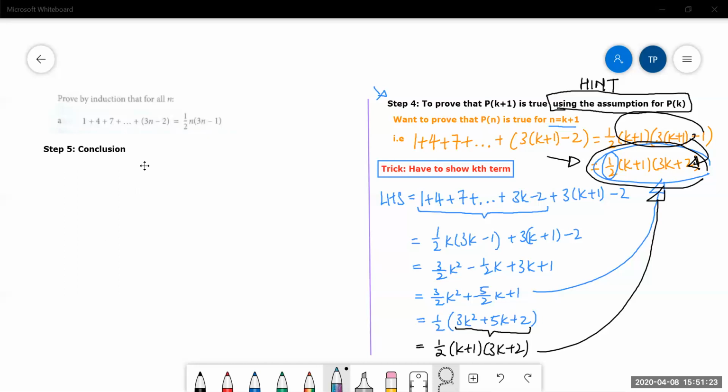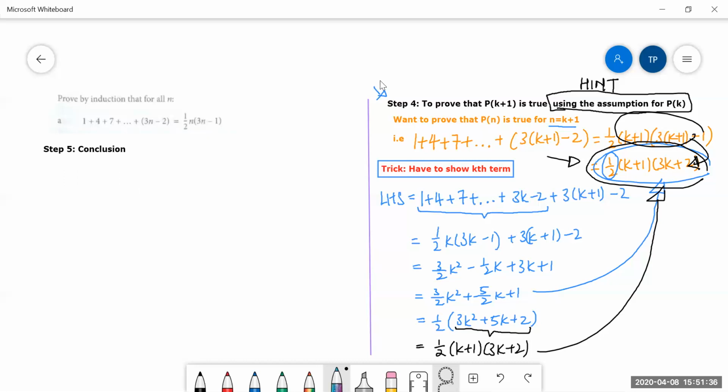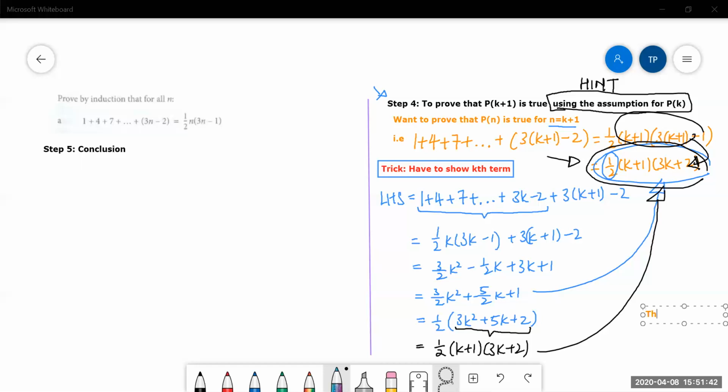So you write therefore P(n) is true for n equals to k plus 1.